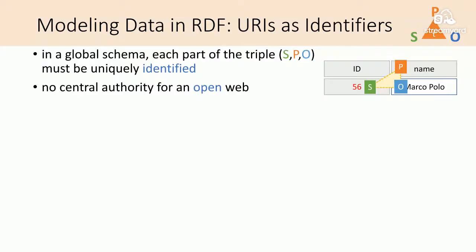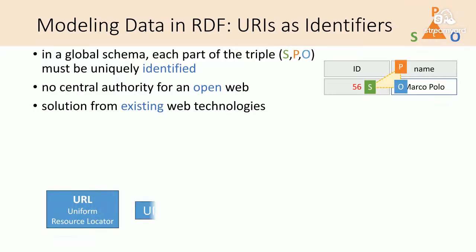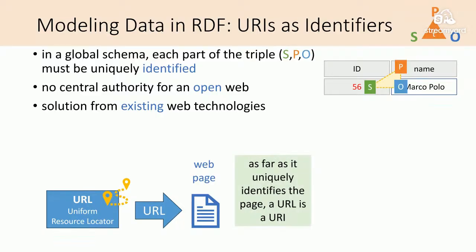Now an answer comes from the existing web. There we identify each page from its address, and that's the URL, that is the Uniform Resource Locator. It tells the browser how to reach that page, but it also uniquely identifies it.